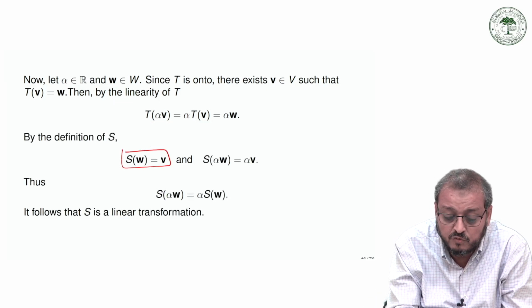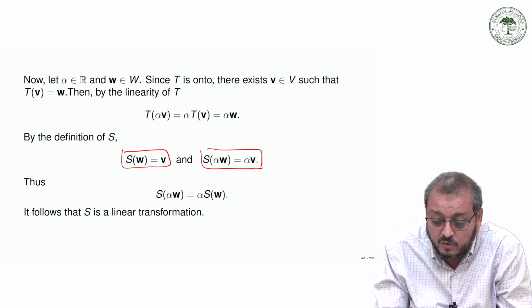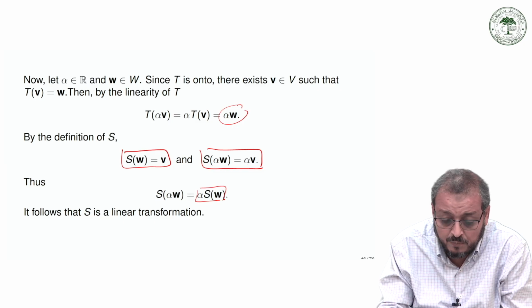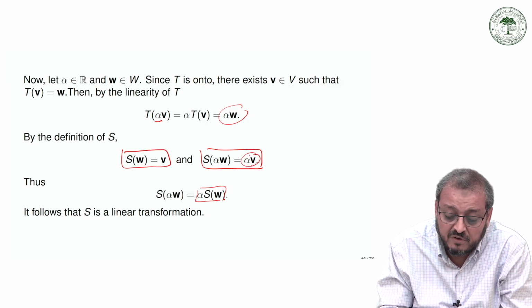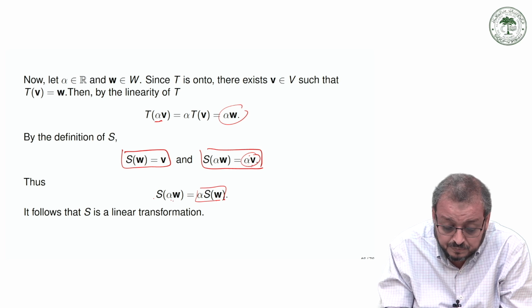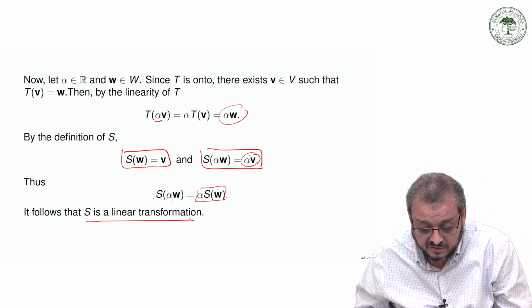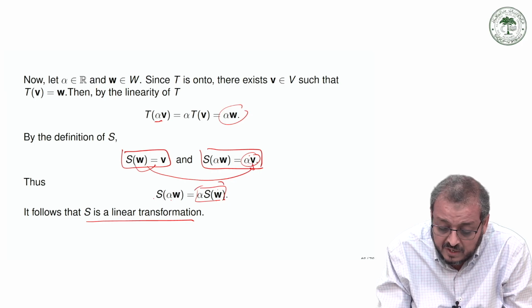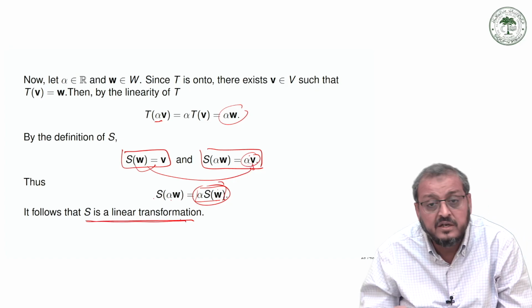So by S of W is equal to V, S of alpha W is equal to alpha S of W, because S of W is the map to V. So S of W is equal to alpha V, and then S of alpha W is equal to alpha times S of W. So S is a linear transformation.